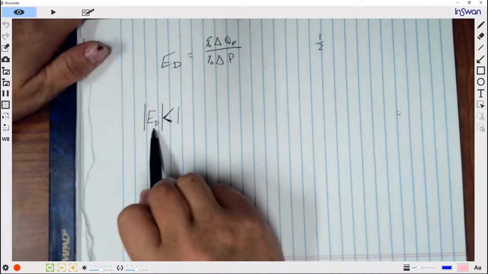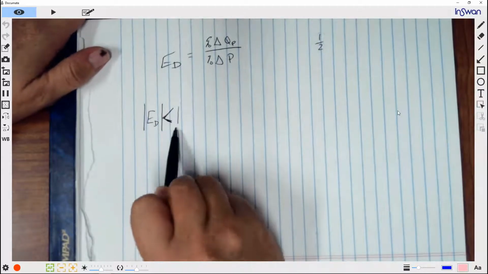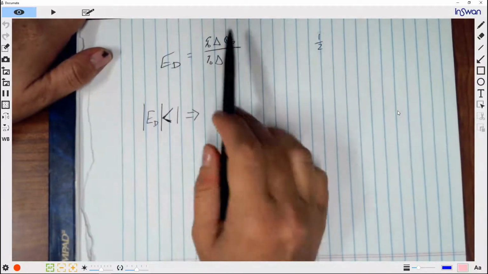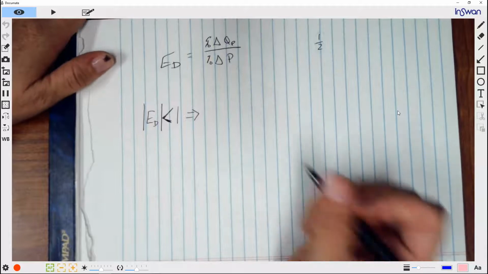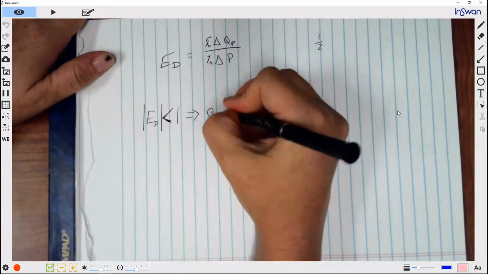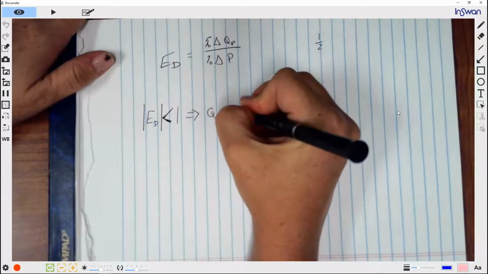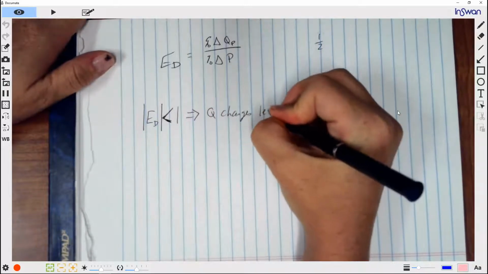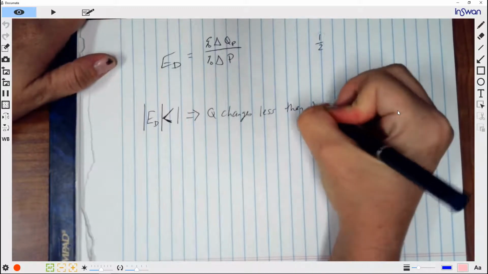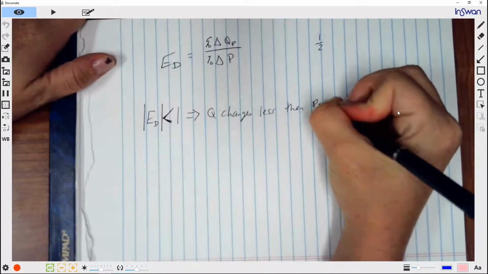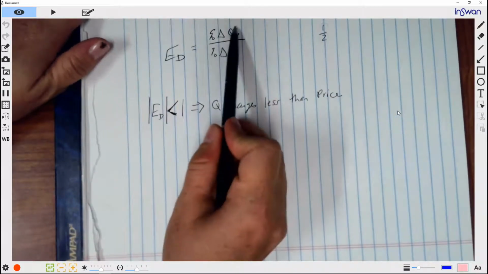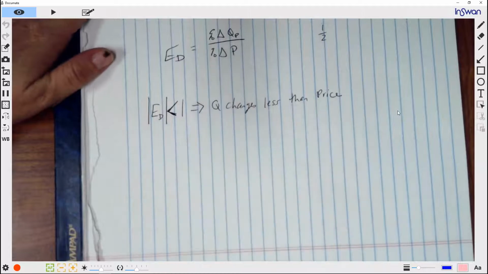So if the absolute value of elasticity is less than 1, that tells me that quantity changes by a smaller percent than price.